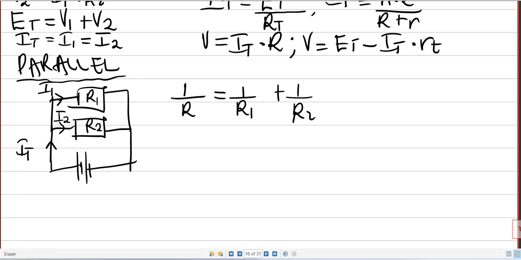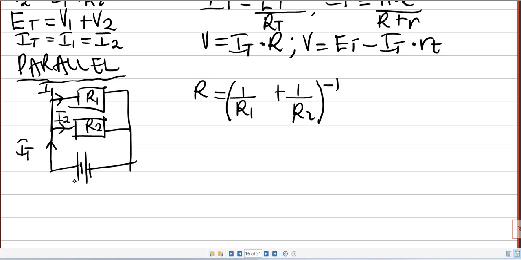So alternatively, you can just say R equals everything on this side to the power minus 1. This should make your life easy in a case where you have two resistors connected in parallel and you just want the resistance connected in parallel.